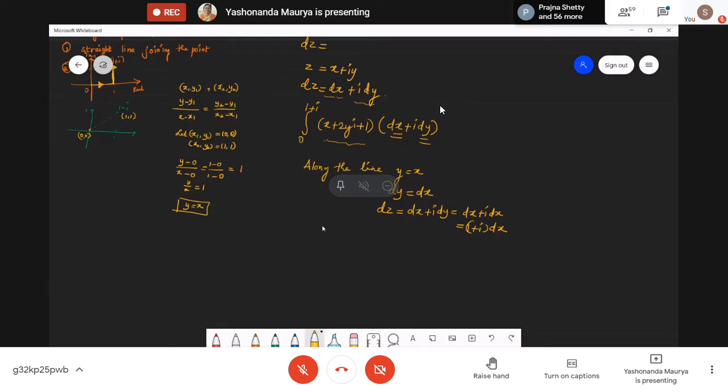Now I need to just decide what will be the variation. So if I am writing it in this particular fashion, for joining 0 comma 0 to 1 plus i, or 1 comma 1, to join these 2 points.